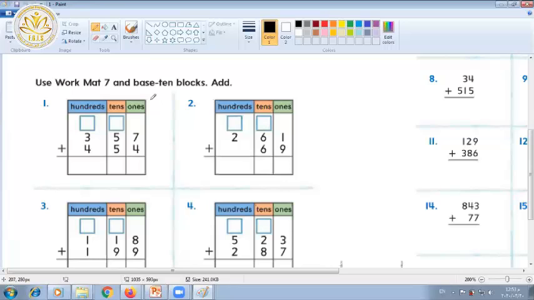The 11 is a 1 and a 10. We put the 1 here, and here we put the 10 I have with the tens. 1 plus 5 equals 6, and 6 plus 5 equals 11. Another 11. So this time the 11 I have, it's not 11 ones.